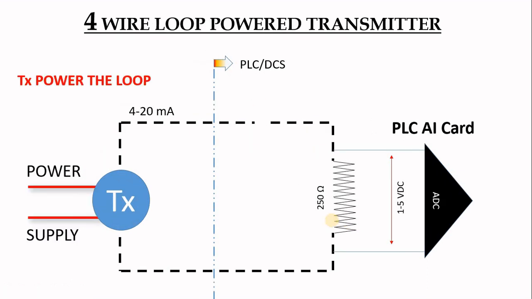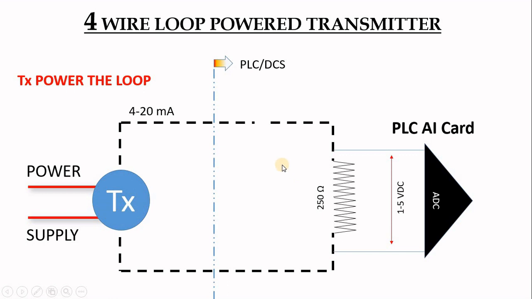The four-wire transmitter, some of them actually can power your loop. So again, you cannot use the power supply from your PLC. What you do is connect it directly to your resistance, and your ADC will read the voltage across this resistance.